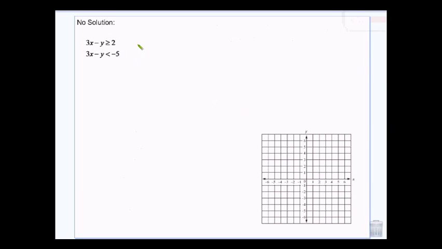Just so you know what happens, when I put this one, I get negative y is greater than or equal to negative 3x plus 2. But I don't want negative y, so I have to flip that sign and change all these. So I have negative 2, and my slope is 3, so 1, 2, 3 over 1, 1, 2, 3 over 1.